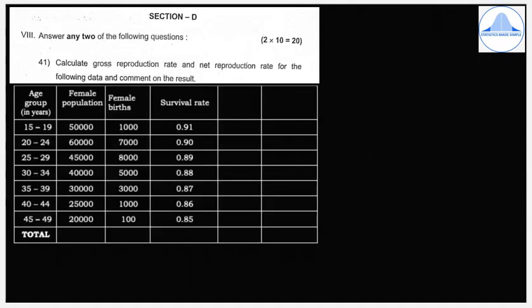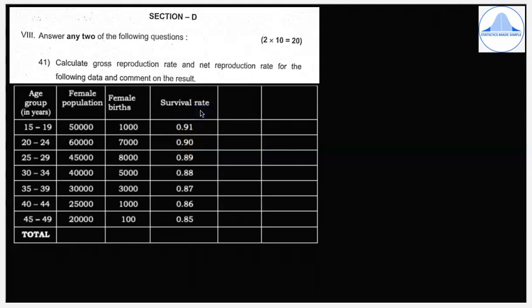Now the last main, that is section D, 8th main, answer any two of the following questions. 2 into 10 is equal to 20. 41st question, calculate gross reproduction rate and net reproduction rate for the following data and comment on the result. So the age groups are given, the female population, the female births, and the survival rate are given.